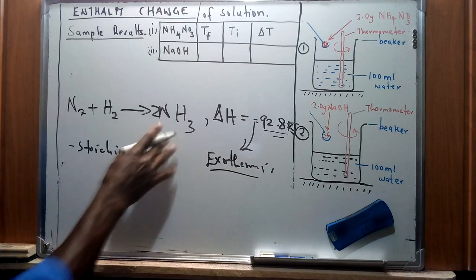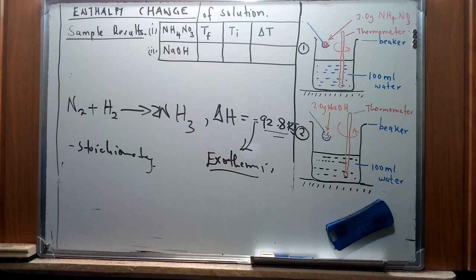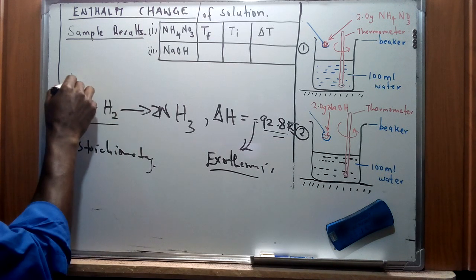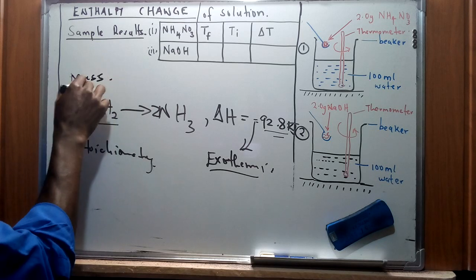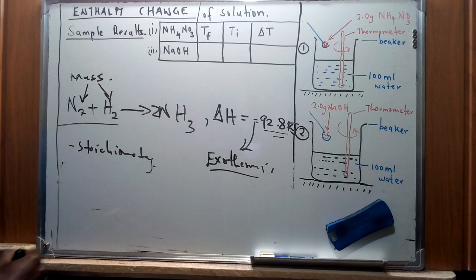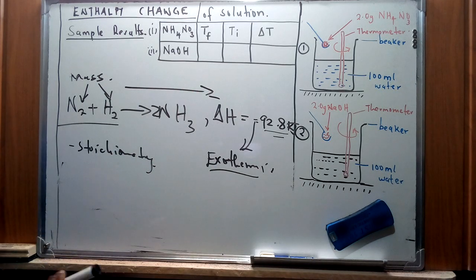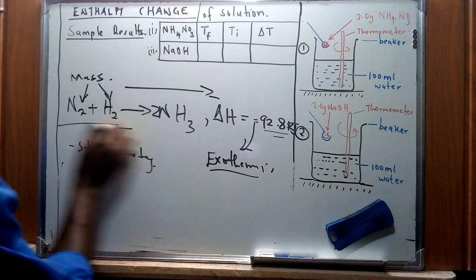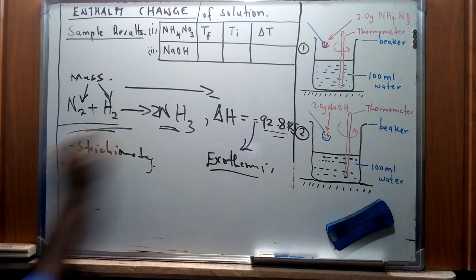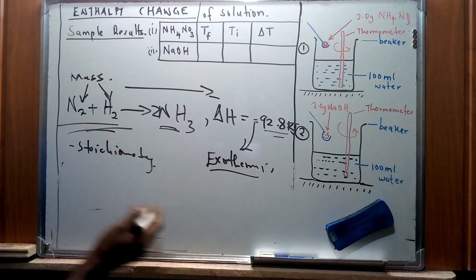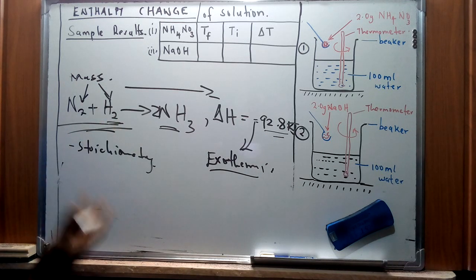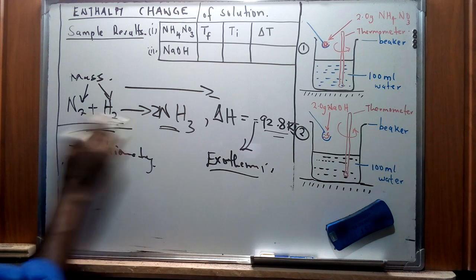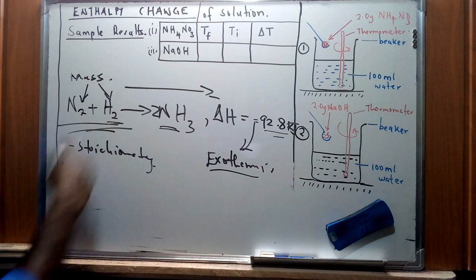So therefore we are going to use this specific concept. Now from the Avogadro's constant and the mole concept, we are also going to infuse some concepts of the mole. Suppose we know the mass of the reactants being used, we can calculate the amount of heat used in reacting a mole or forming a mole of a substance, either the product or how many moles of a reactant are needed to form the product.